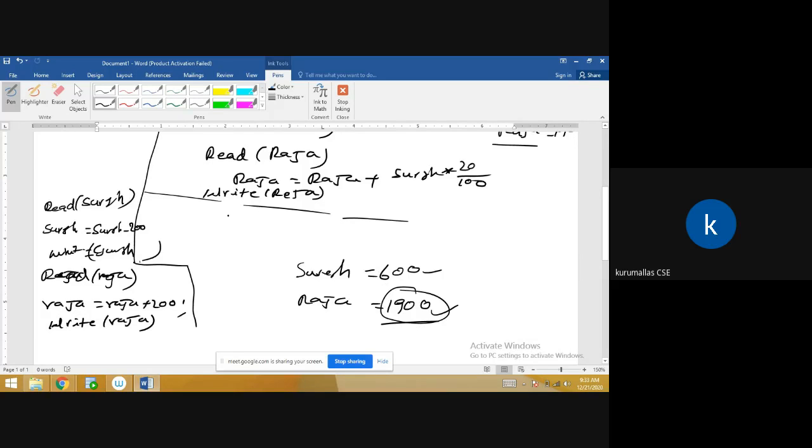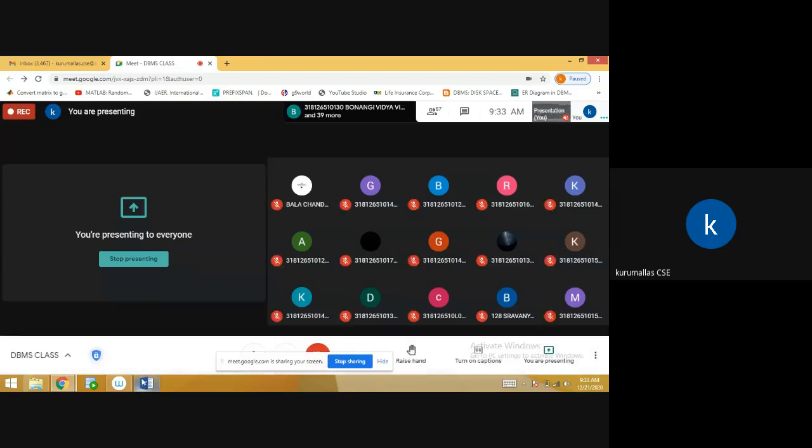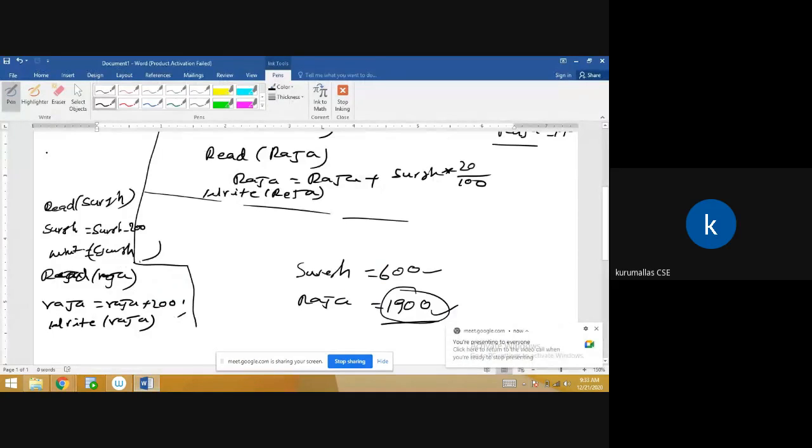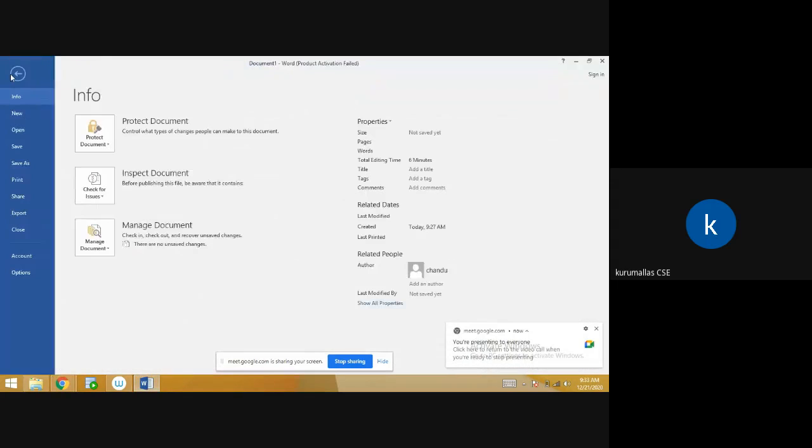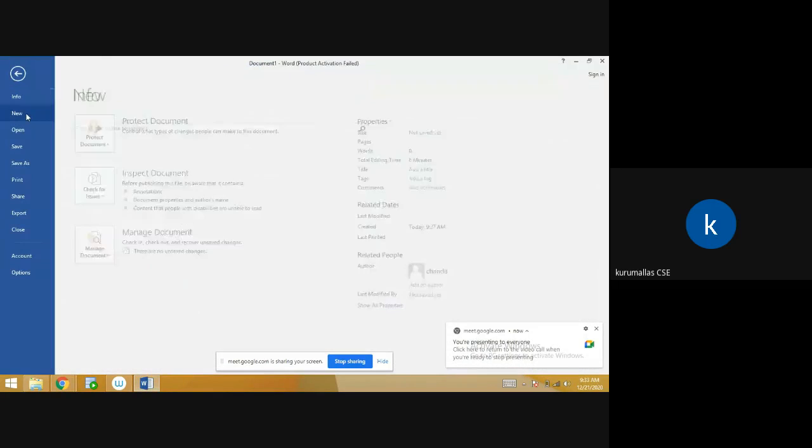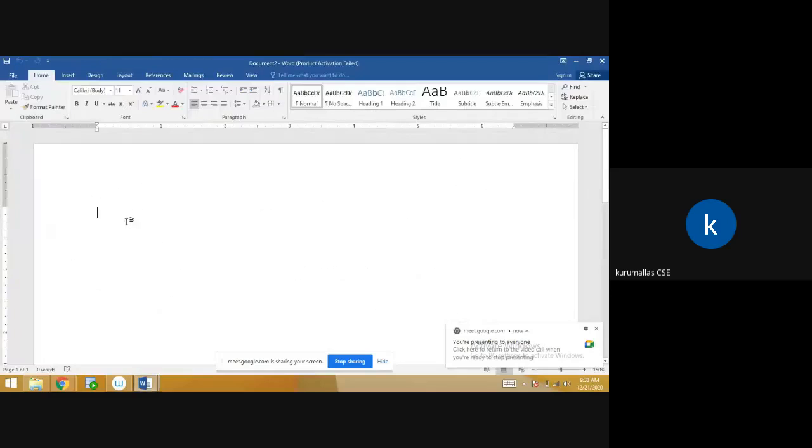Again, we have to see, if the transactions are executed in a concurrent fashion, which means that in T1, 200 is reduced and added to the Raja account.